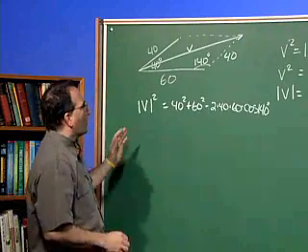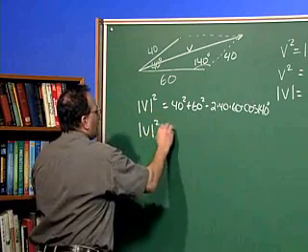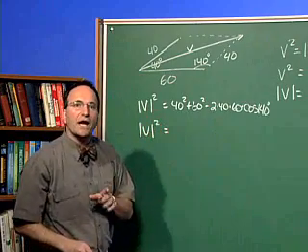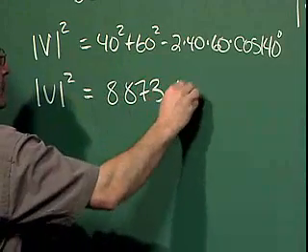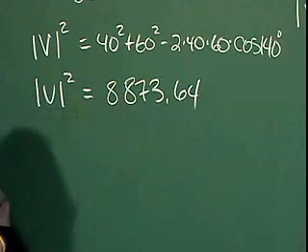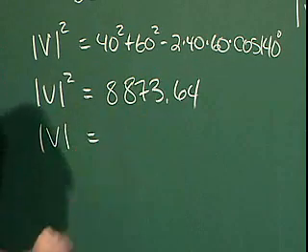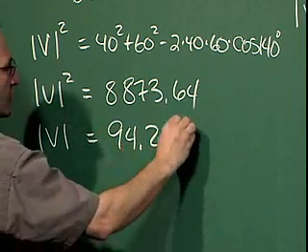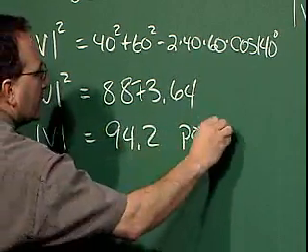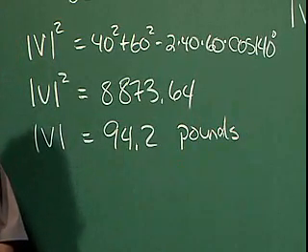And then, simplifying all of that, we would get the magnitude of vector v squared is 8,873.64. Of course, we have to take the square root of that and find that the magnitude of vector v is 94.2. And it's pounds, since that was what was originally given to us in the problem.